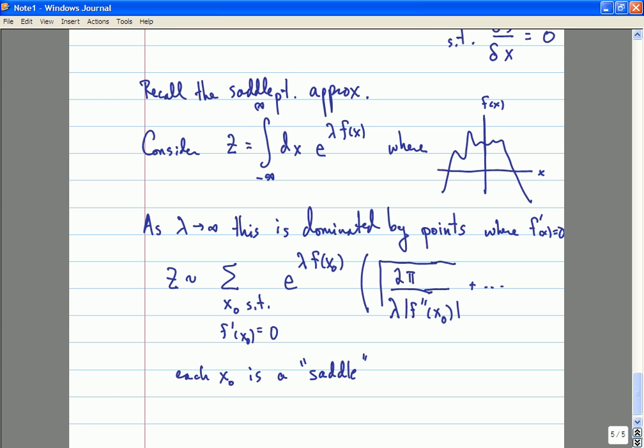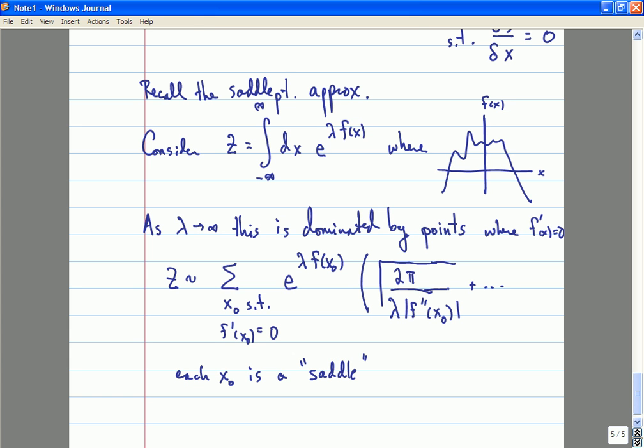Another question. Yes. Suppose we have a second function, f hat of x, where f was just squished by a factor of 2. That sum would stay the same, wouldn't it? Yes. But the integral would be, maybe, half as big. Well, you can see that in the leading piece, e to the lambda f of x naught, you wouldn't see that effect in the leading saddle point approximation.